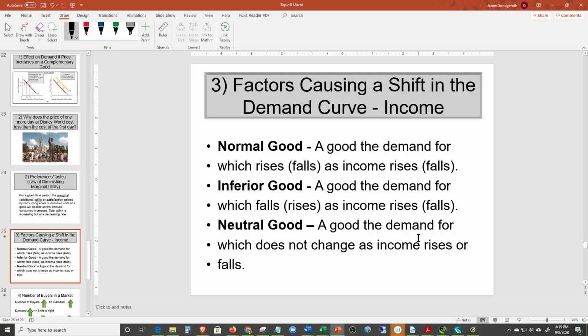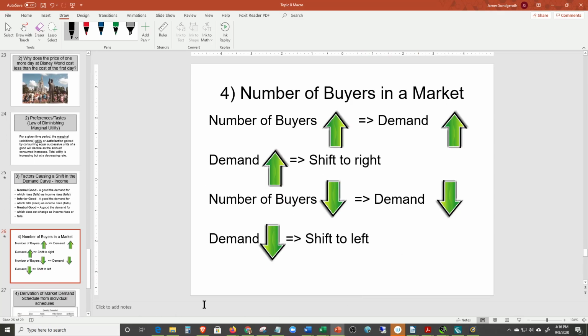When college students get out of college, hopefully with a degree which employers are willing to hire you for, and hence your income goes up, you'll start buying more meat and other things and fewer packages of ramen noodles. So as your income goes up, the quantity demanded of ramen noodles falls. This is an inferior good only in the sense that that's what's happening with quantity demanded relative to income.